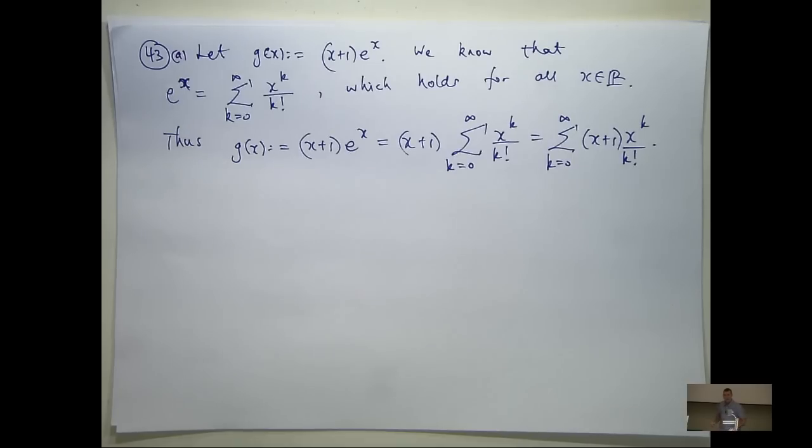And there's our series for g of x. So we didn't have to compute anything really. It's just building a new series out of a known series. So it's pretty straightforward.